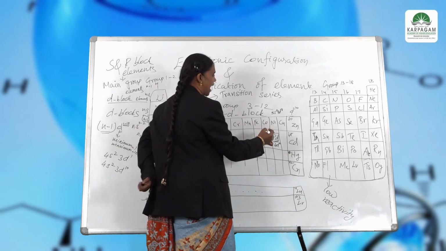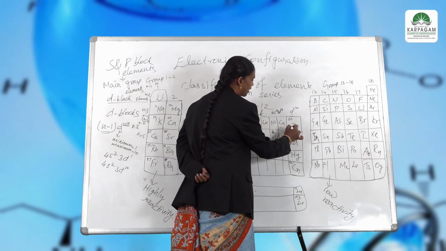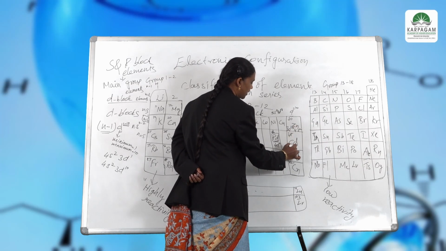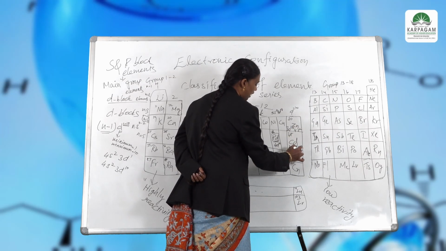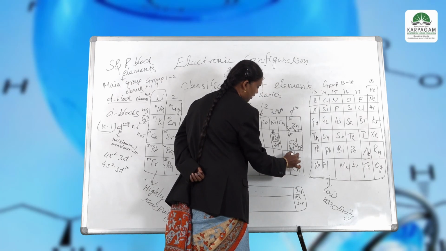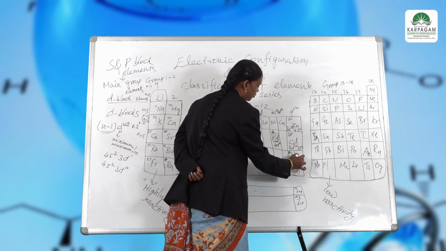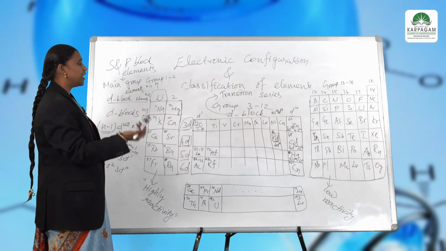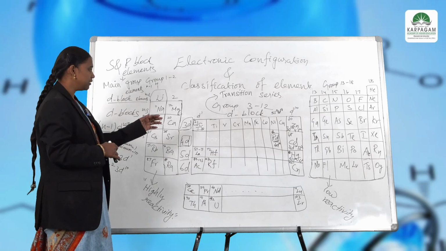which all have completely filled electrons. That means 3d10 4s2, 4d10 5s2, and 5d10 6s2. So this completeness of orbitals decreases the reactivity.